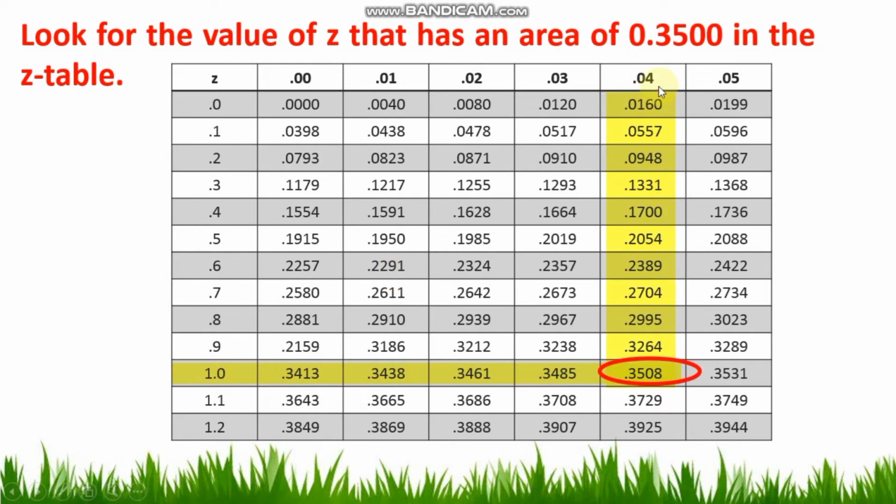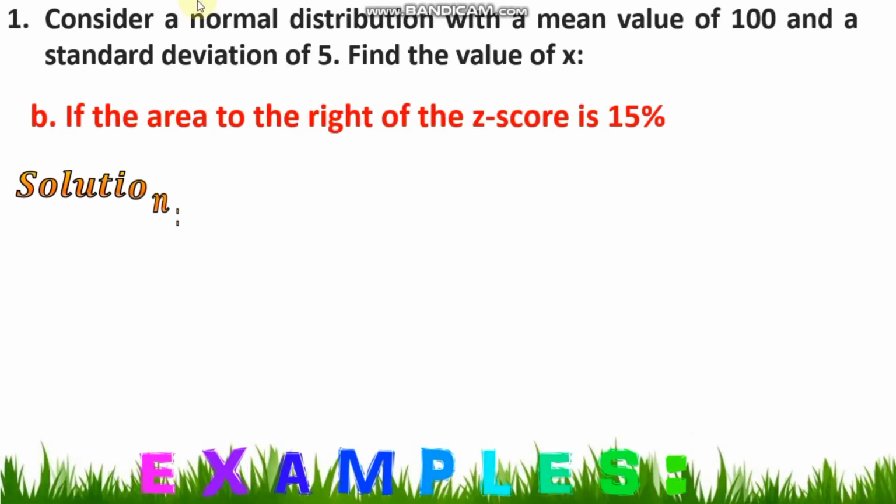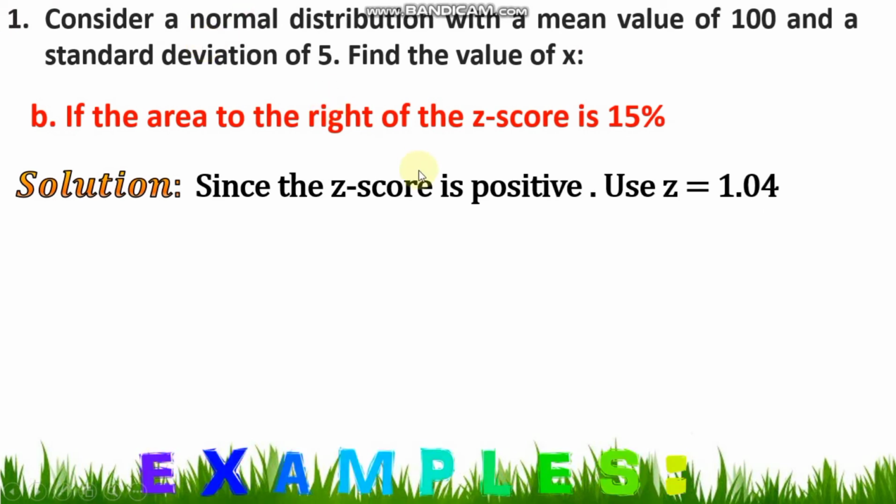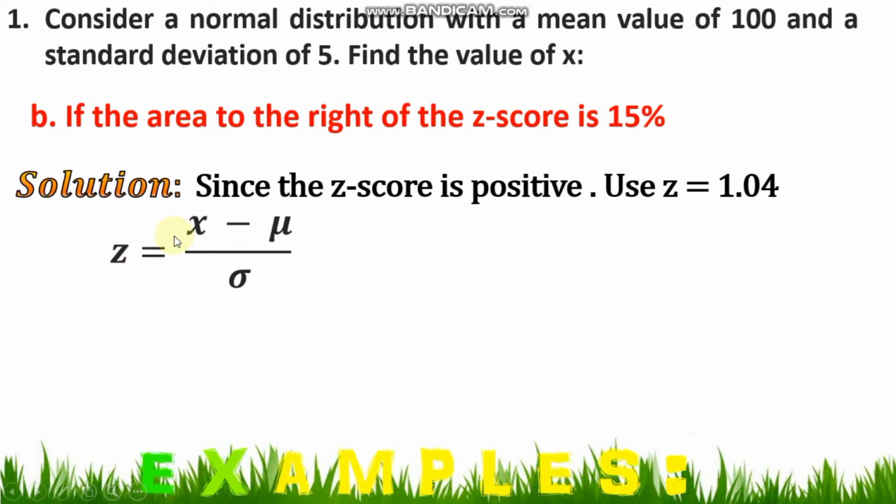Yan yung gagamitin to solve for the value of your raw score x. We will use that z-score, which is positive, kasi nga nasa right side siya, and that value is 1.04, and we plug it into our formula. So, z is equal to yung x variable, which is unknown, minus mean, which is 100, over or divide by standard deviation of 5.